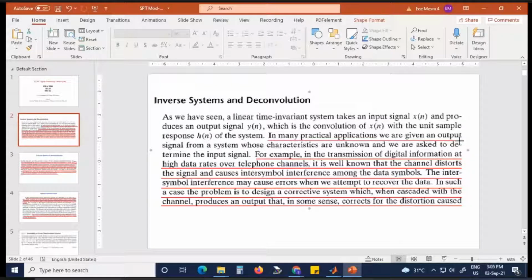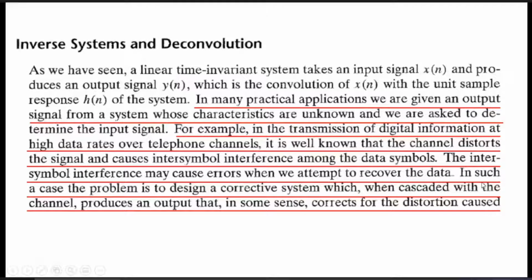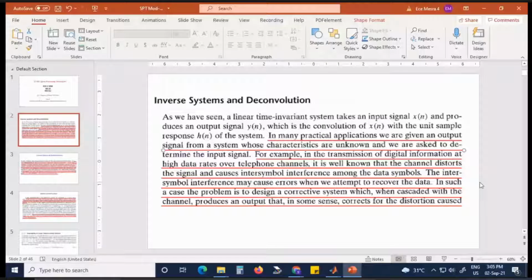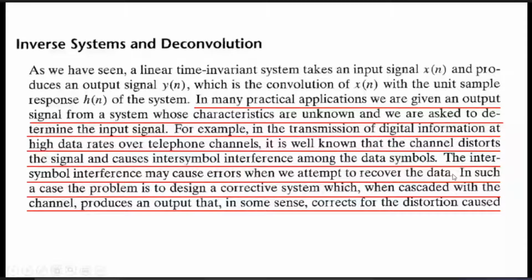The output is given, and we will be asked to find the input.